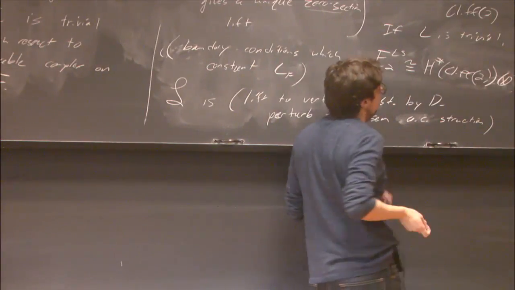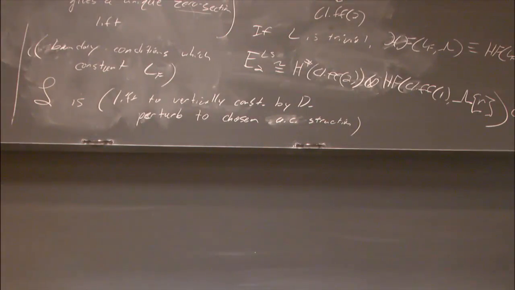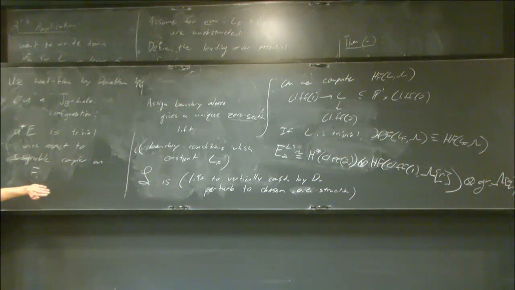Okay, and this lift is going to be regular because essentially it's a product of a disk in the base with a constant disk in the fiber, and we already have regularity for constant disks. I think I'm going to stop there.